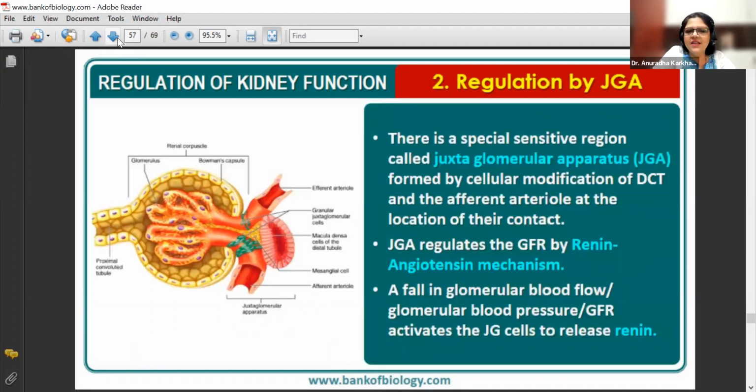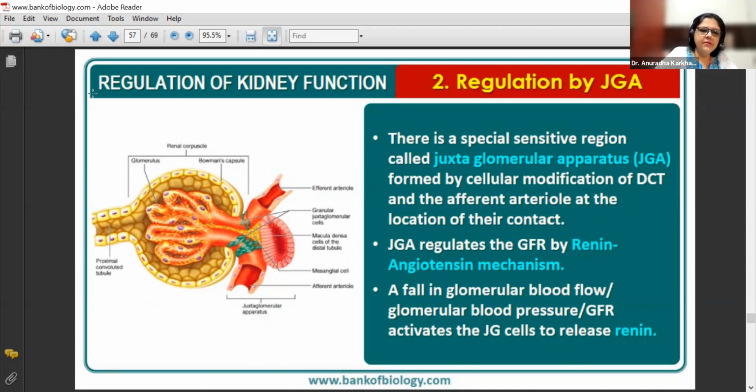Then what is by JGA? ये तो और भी मतलब अलग level का mechanism है. See, there is a special sensitive region called as juxtaglomerular apparatus, JGA, formed by the cellular modification of DCT and the afferent arteriole at the location of their contact.